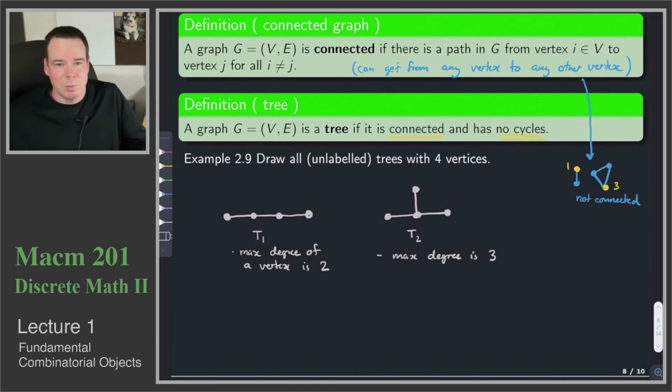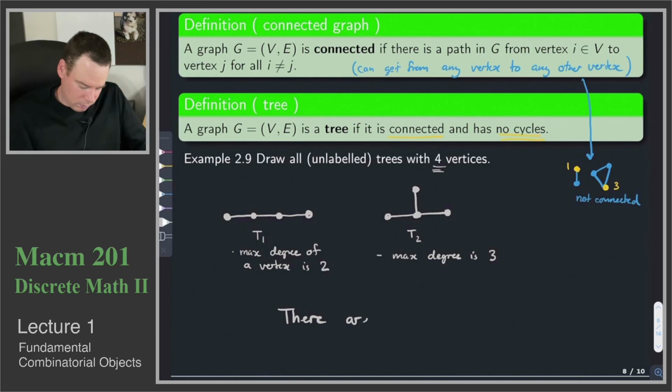I won't be able to have one of maximum degree 4, because if I had a tree with a degree 4 vertex, then there'd have to be 4 more vertices, but I've only got 4 to start with, and so I'd have a tree with 5 vertices, which is 1 more than I need. And so I can't have anything with degree 4 or more. I've got the one of degree 3, I've got the one with maximum degree 2, and so we've got all our trees. So there's all our unlabeled trees with 4 vertices. There are two such trees.